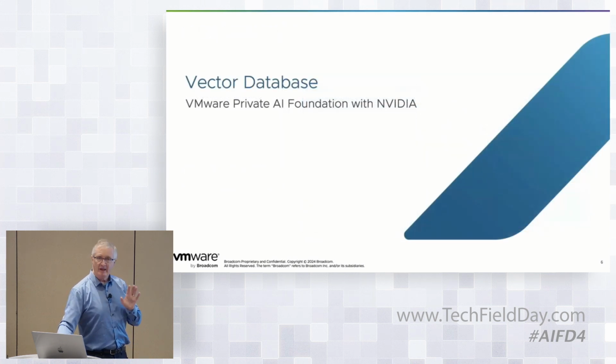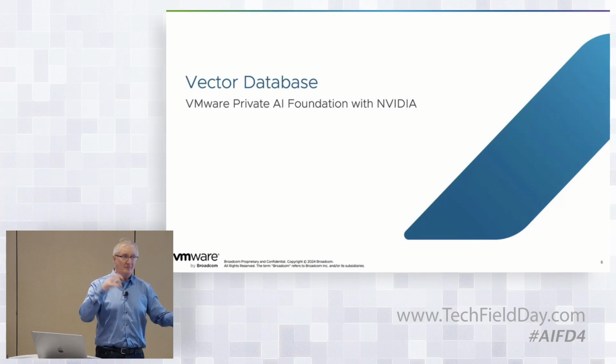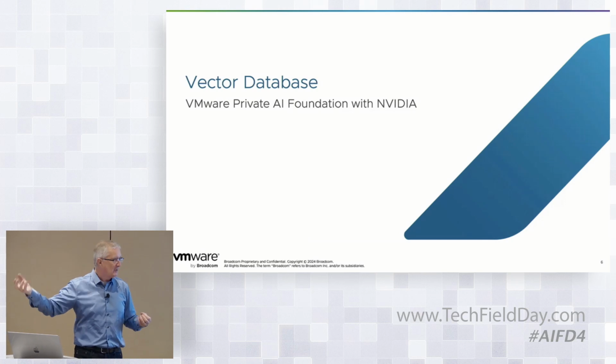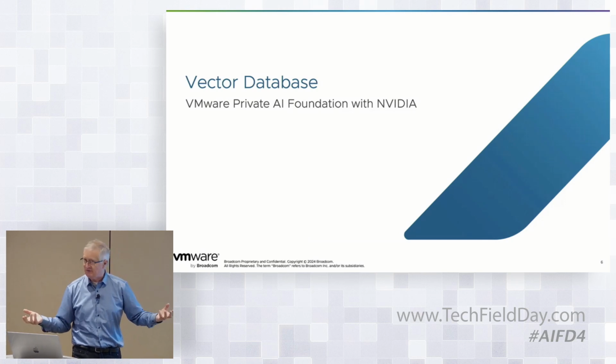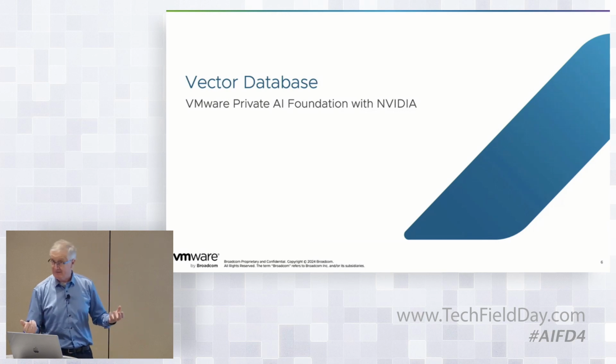So we've had quite a bit of discussion already about vector databases. We see this as the heart and soul of retrieval augmented generation. Retrieval is the database part. Augmentation is the model part. It's a database and a model working together to answer your question better, is how I think of retrieval augmented generation. And I'm going to go into the details there to give you a little more on that.